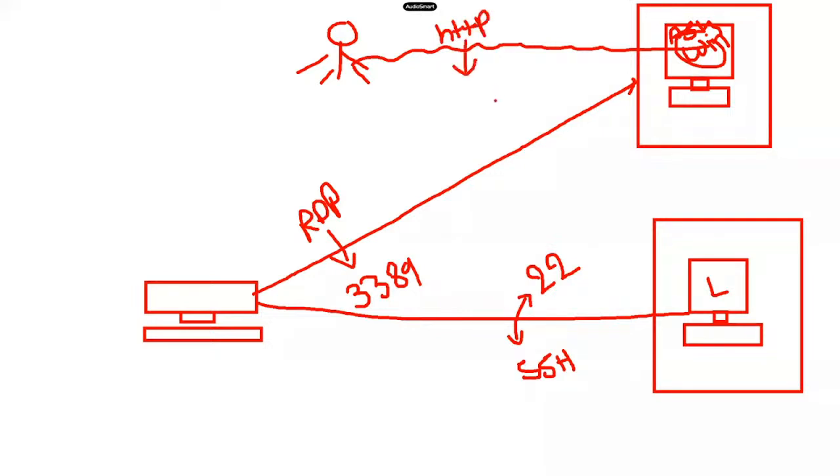What would be the port number for HTTP? 80. And HTTPS, with SSL, is 443.